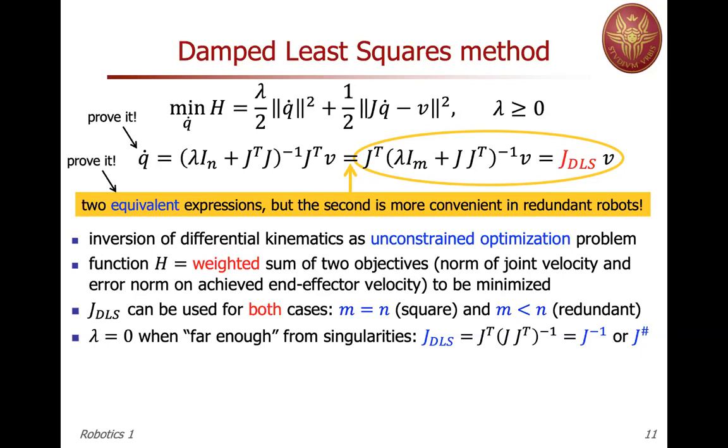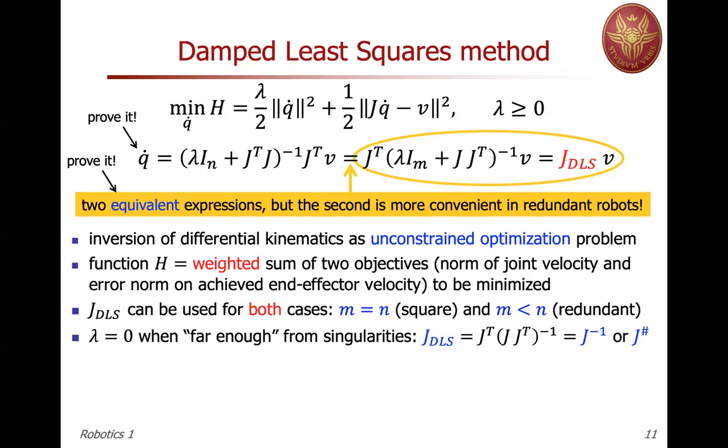Now, there's a price in using this damped least squares. The price that we pay is that as soon as lambda is strictly positive, then we will make an error. We will trade off the error in executing the desired Cartesian velocity with the advantage of having limited joint velocity, so that they may stay within some bounds, and so they could be feasible.